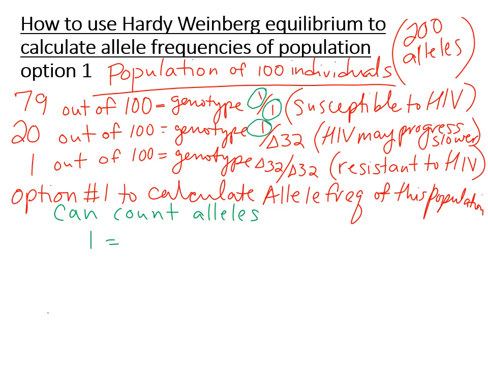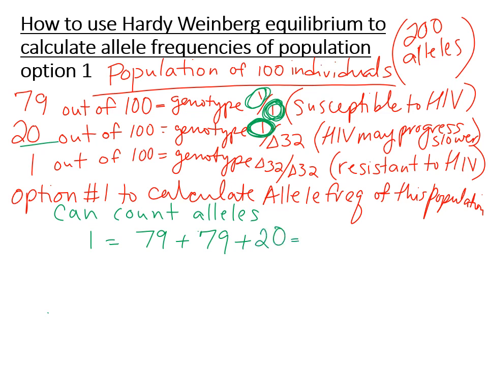That first one that I circled, what's the frequency of that? 79 out of 100. 79 for that first one. For the second place that we found it, what's that frequency? That's also 79. And then what's the third frequency? 20.